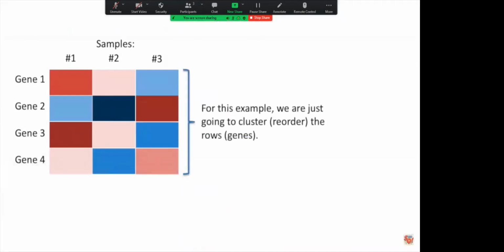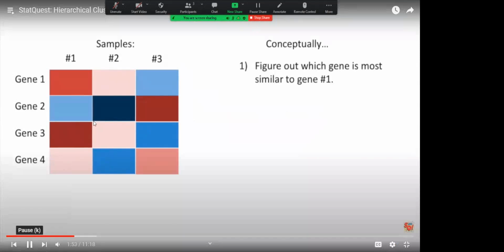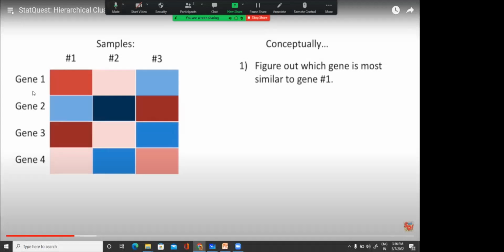For this example, we are just going to cluster or reorder the rows or the genes. Conceptually, the first step is... so genes are just characteristics. It could be length, height, width, things like that. So in this sample, there are 3 samples we have taken.